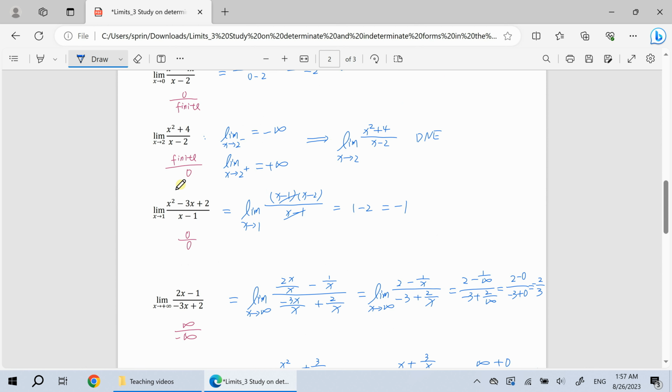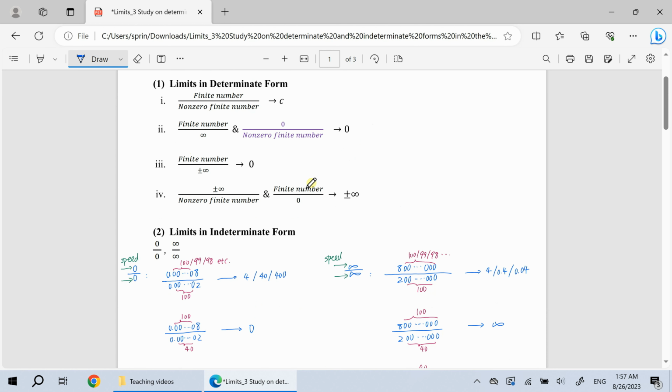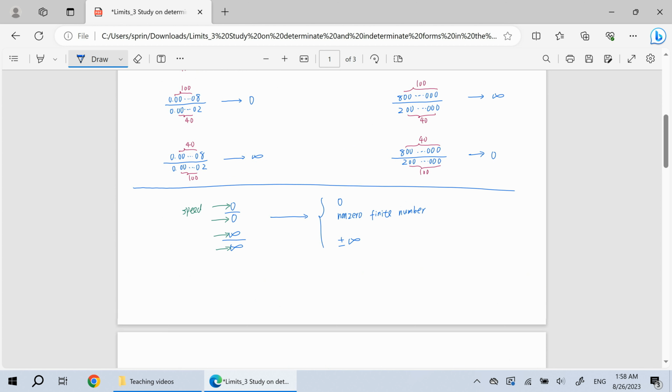For this one, because 2 is not in the domain, the numerator is a finite number. Here is 0. We know finite over 0 can approach positive infinity or negative infinity, based on the approaching direction from the right side or left side.